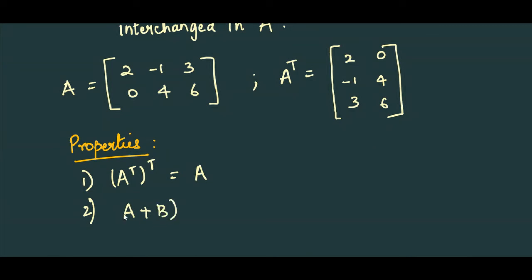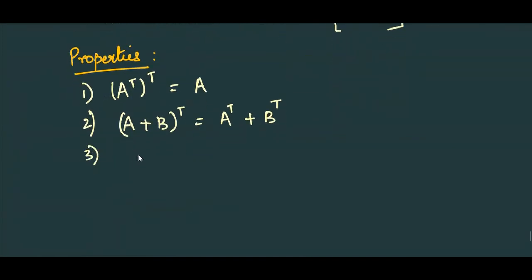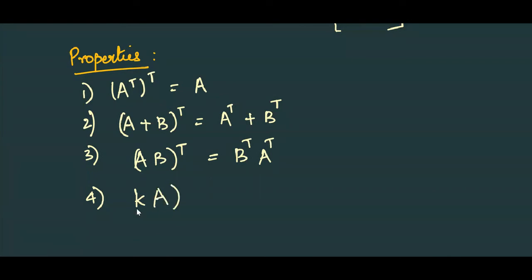Now (A plus B) the whole transpose is A transpose plus B transpose. This is important: (AB) the whole transpose is equal to B transpose A transpose. And suppose we multiply with a scalar, K is a scalar. Then it is K times A transpose. All right.